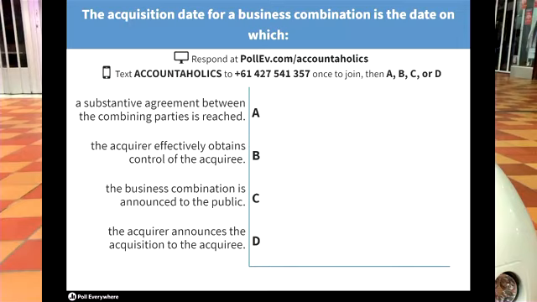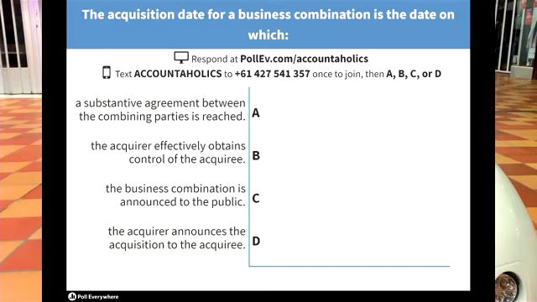I think you should get it right immediately because I have repeated it over 5 times which date should be the acquisition date. The acquisition date should be B, on which the acquirer effectively obtains control of the acquiree.